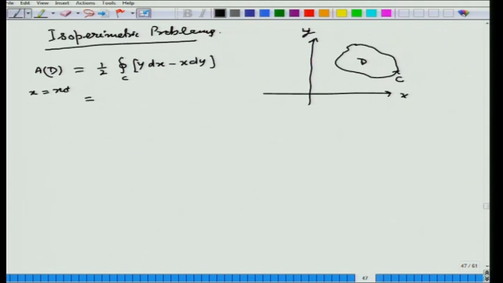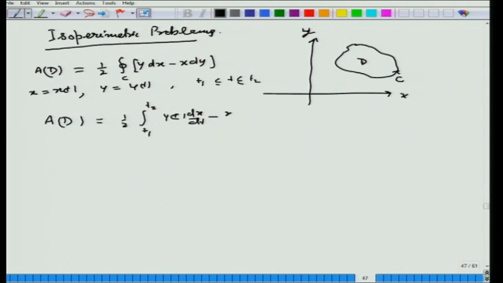If we take x as a function of t and y as a function of t, then the area of D is given by 1/2 times the integral from t1 to t2 of y(t) dx/dt minus x(t) dy/dt. Alternatively, this is x dy minus y dx, so we can put a minus sign here like this.